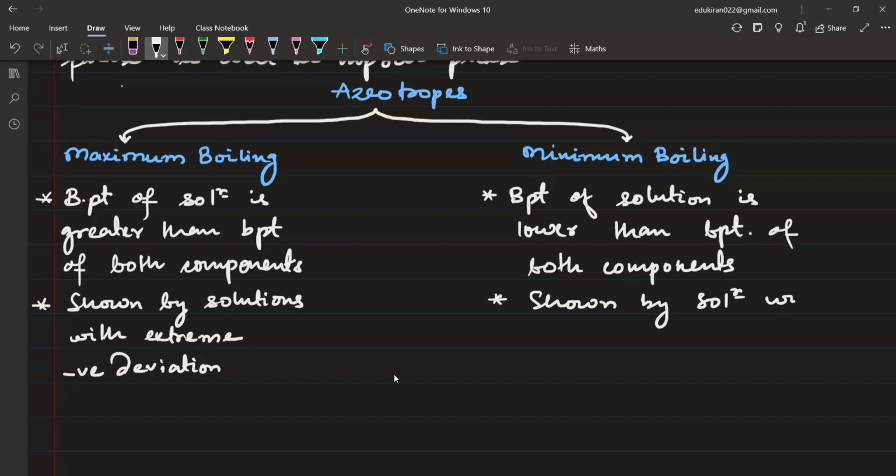Shown by solutions with extreme positive deviation.